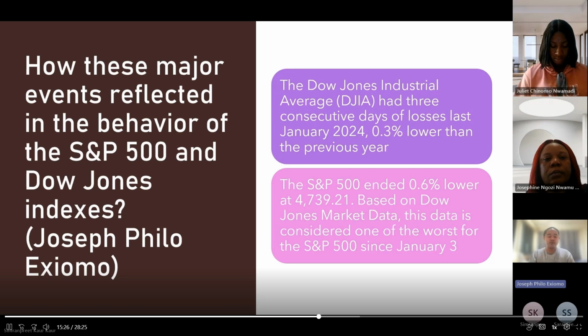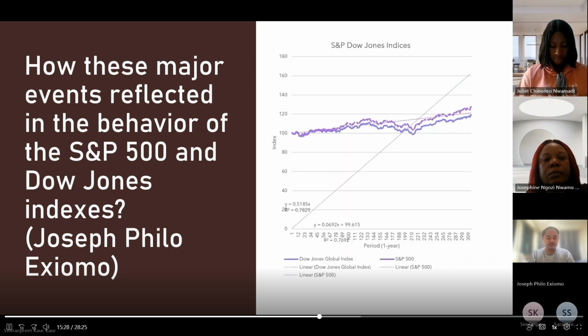Moving on to the next slide, we can see the S&P and Dow Jones indexes compared. We can see that there's not much difference between the two. Based on this line graph, from 2023 to 2024, it is almost the same, but the biggest gap between the two is in those figures approaching the end of the year.